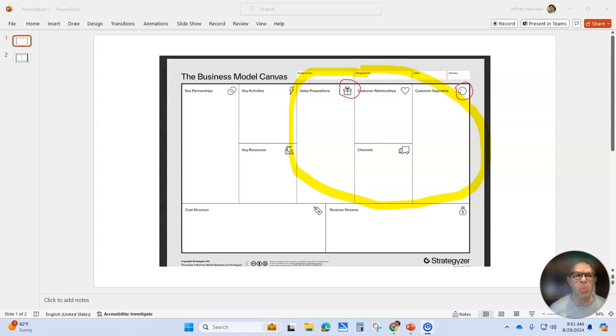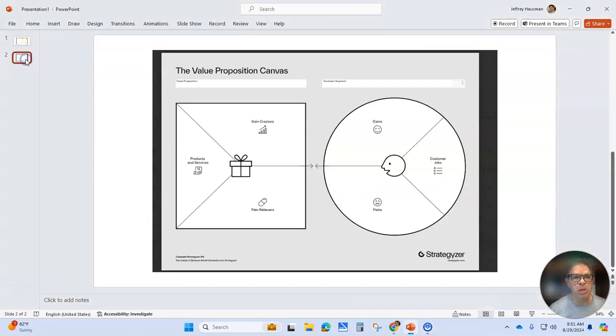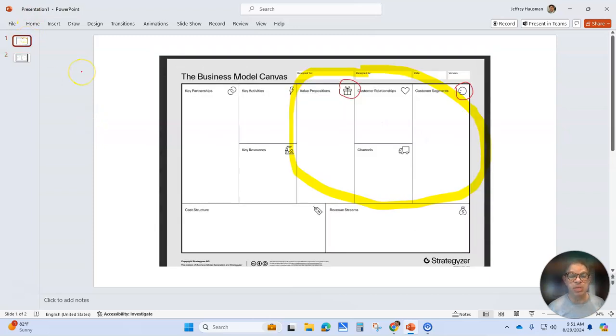I've got that yellowed here, and more importantly, I want to share with you a different and separate canvas called the value proposition canvas, which we will be using as another tool along with the business model canvas.